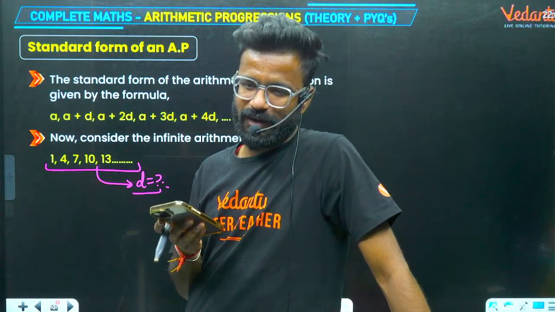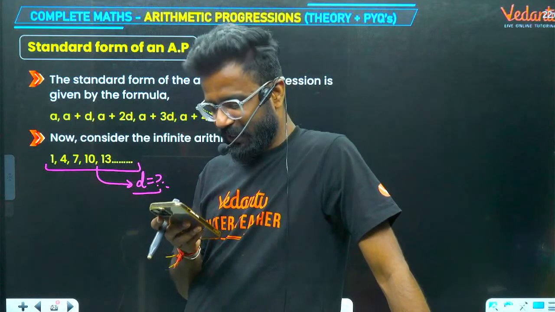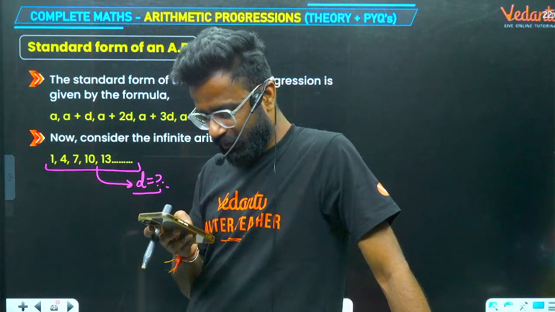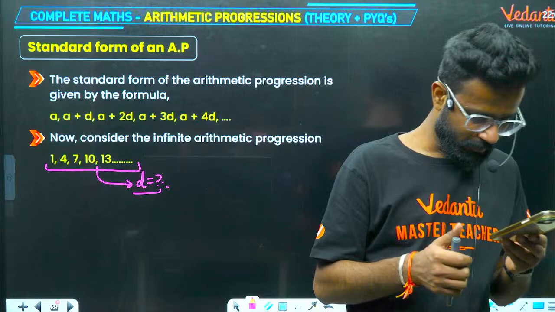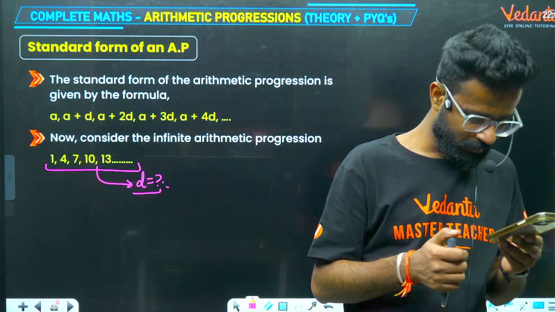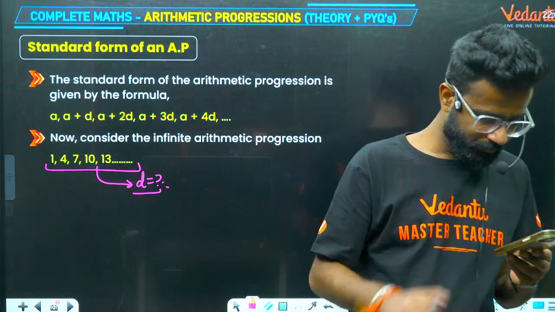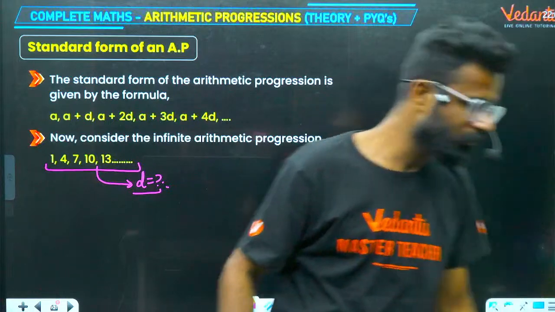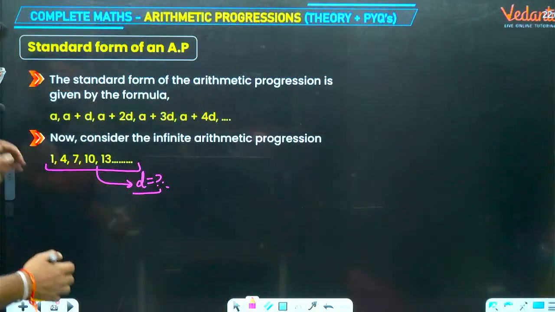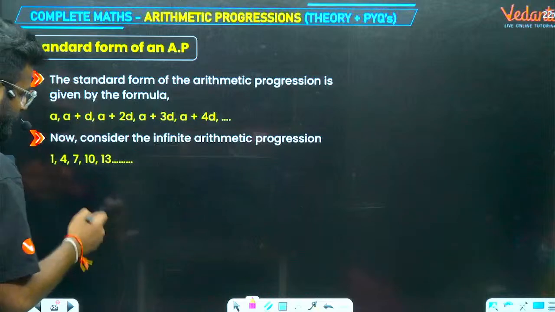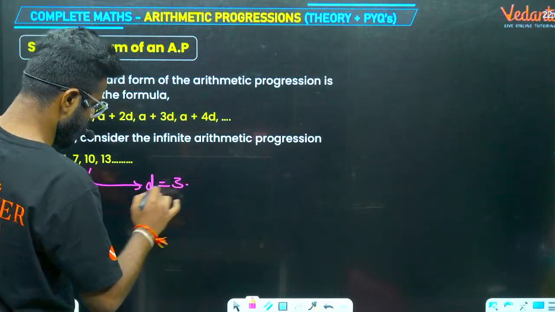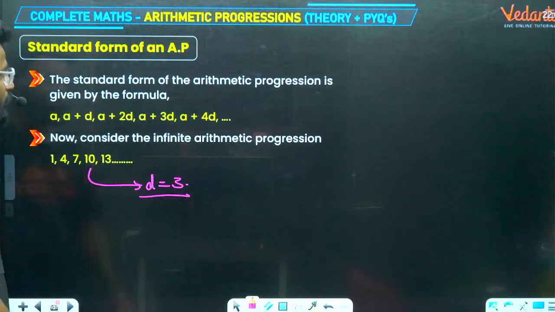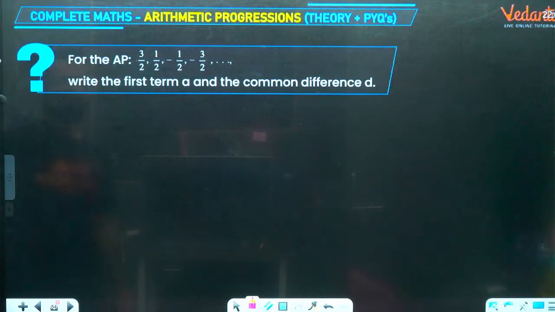A2 minus A1, A3 minus A2. Very good. D is equal to second term minus first term.